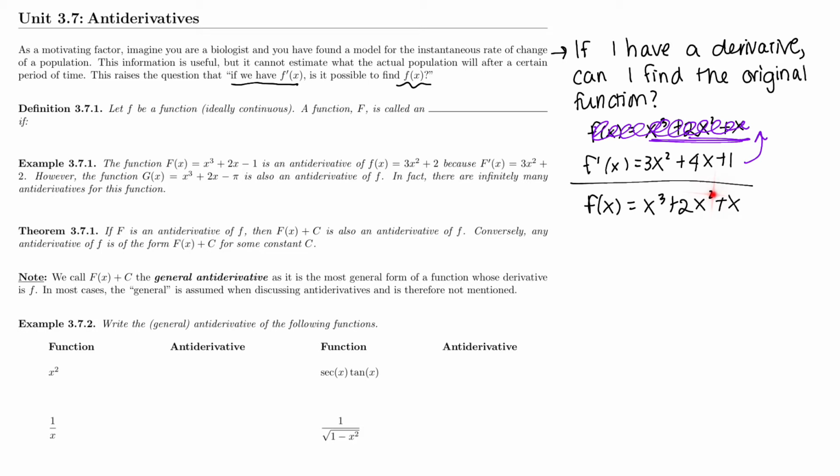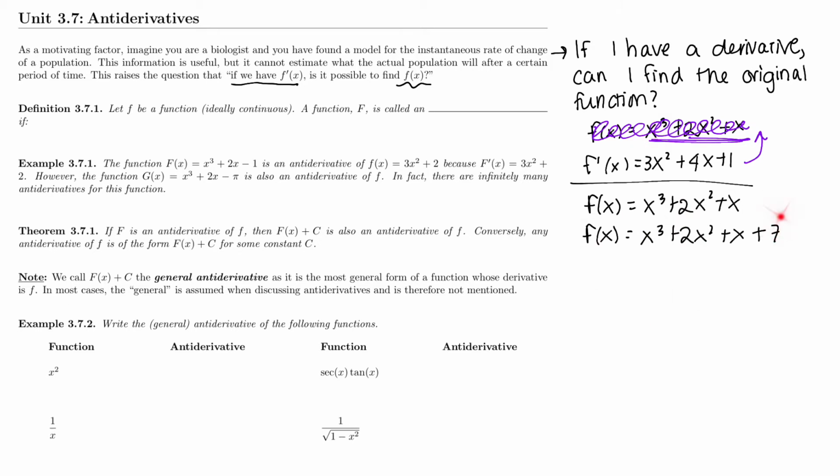That this function gave you this derivative, which is totally true, totally did. However, that's not the only function that will do that. You need to have this x cubed plus 2x squared plus x part, but I could have a plus 7 here. Because if I took this derivative, I would still get what I have right here, right? The 7 would disappear. X turns to 1, 2x squared to 4x, x cubed to 3x squared.